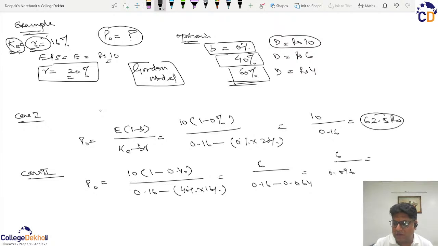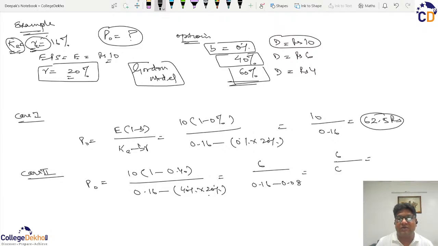This will be 0.16 minus 0.064, which is 0.096. Oh sorry, I put this figure wrongly as 16%. The R is not 16%, it is 20%. So this will come out to be 0.08.